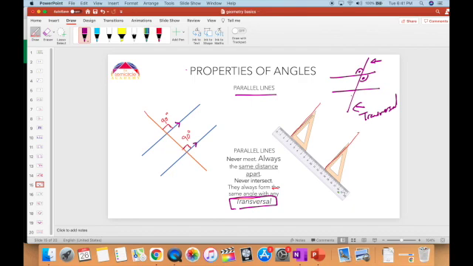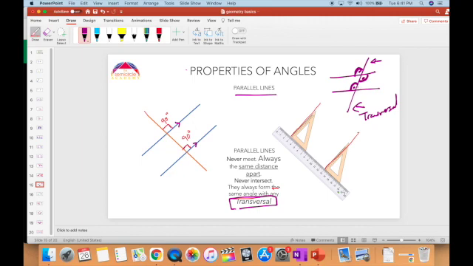So that means that this angle is equal to this angle over here. And this one is equal to this one. And this one is also equal to this one because vertically opposite. So therefore these two will also be equal.